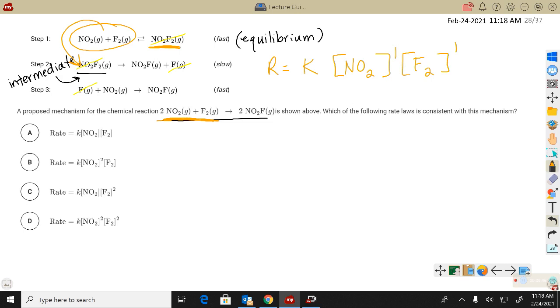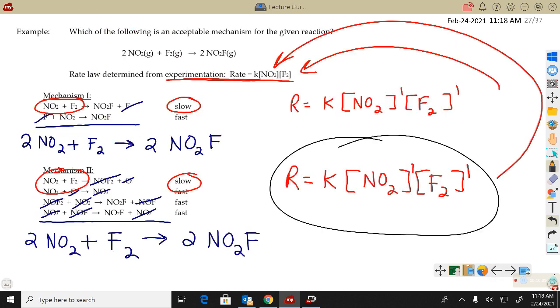So it's this equivalent to the intermediate that I'm going to substitute in replacement of the intermediate in step 2. And then bingo, here it is. And that was the experimental rate law that was given in the previous example.